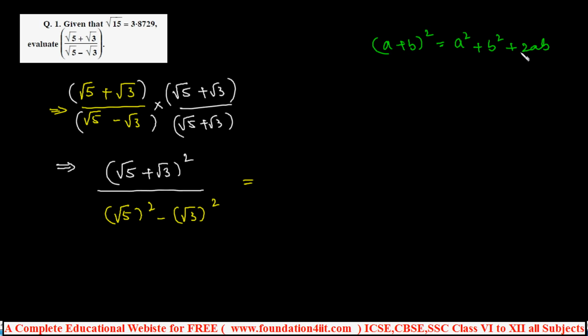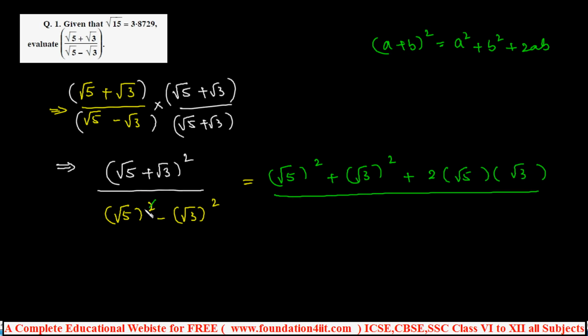We have discussed this in previous topics. Here in the place of a, root 5, so root 5 square, plus in the place of b, root 3, so root 3 square, and plus 2ab, that is 2 into root 5 into root 3. Divided by, we can cancel the square and square root: 5 minus 3.